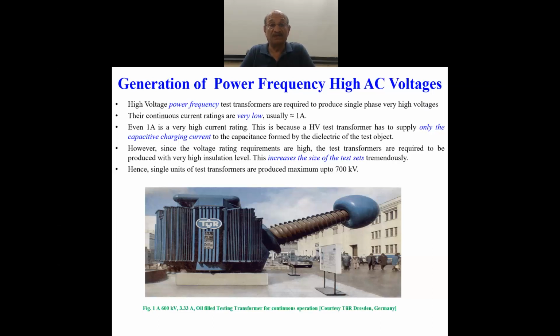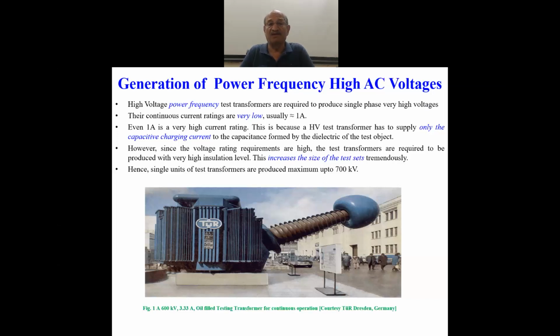You can further reduce it if you provide in parallel an inductor, or you compensate this capacitive current with inductive current, and that is called resonant transformer. You can further reduce it. The more you reduce the current rating of the equipment, you will save on what?